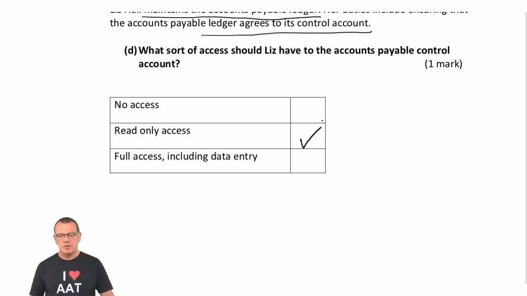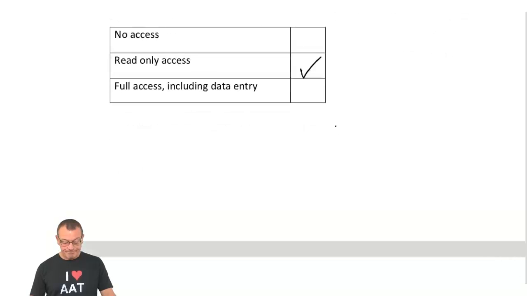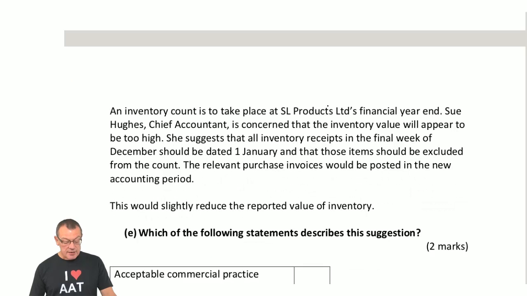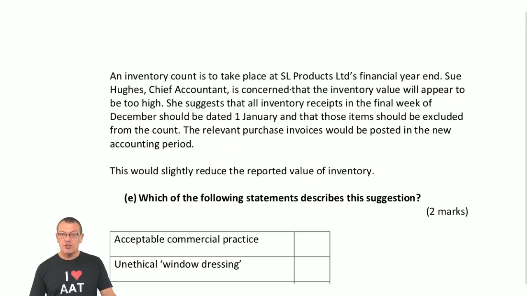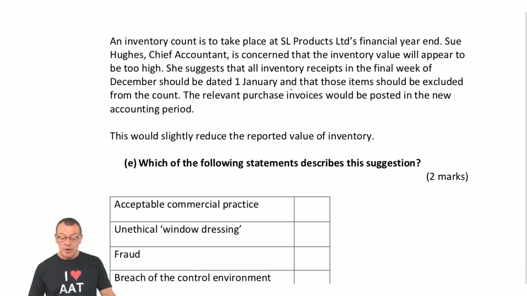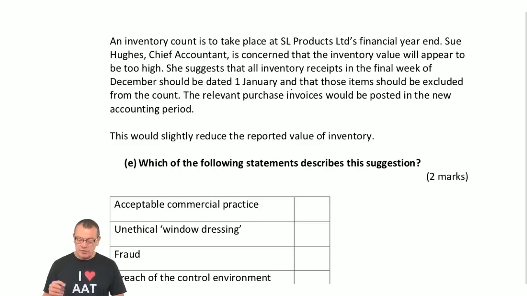And another section that is examined within task 1. An inventory count, in other words, a stock take, which is probably the word you would use within business, is to take place at SL Products' financial year end. Sue Hughes, Chief Accountant, is concerned that the stock value will appear to be too high.